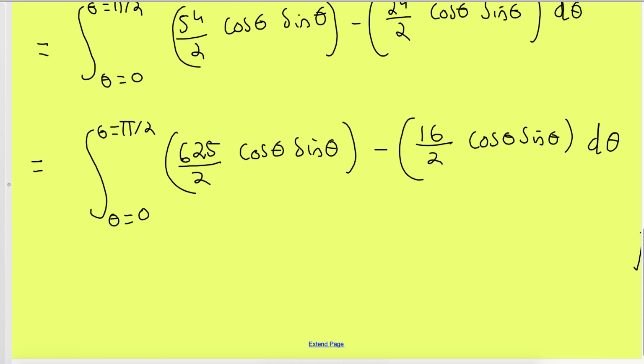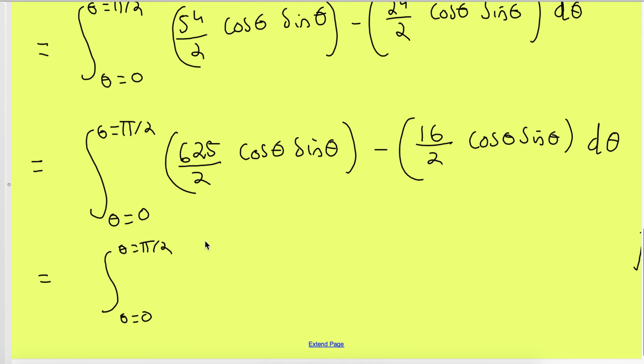Right. These are just the same thing, so I'm just going to take them away. So 625 over 2, take away 8, or take away 16 over 2, whatever you want to think that.